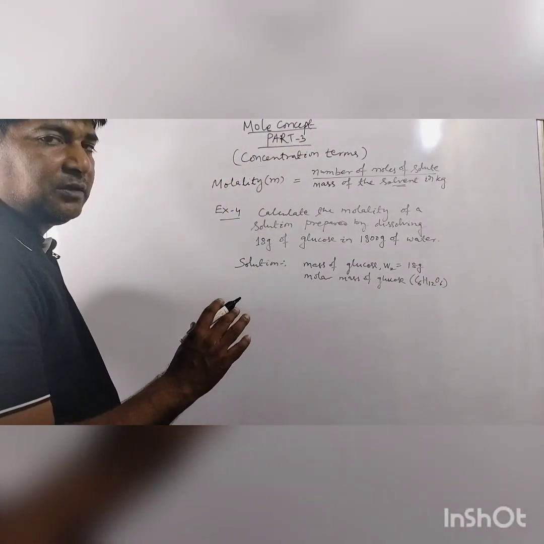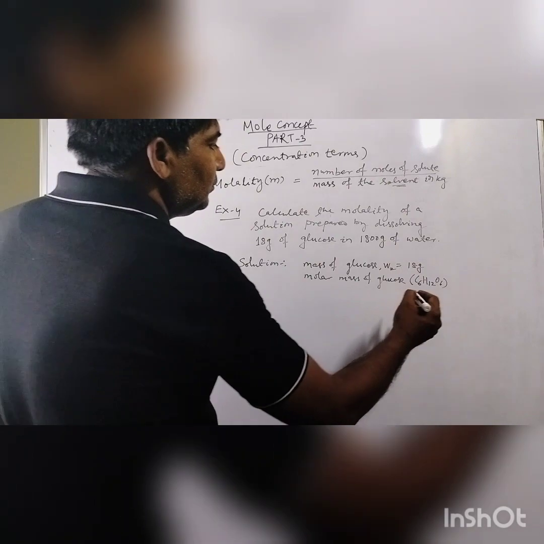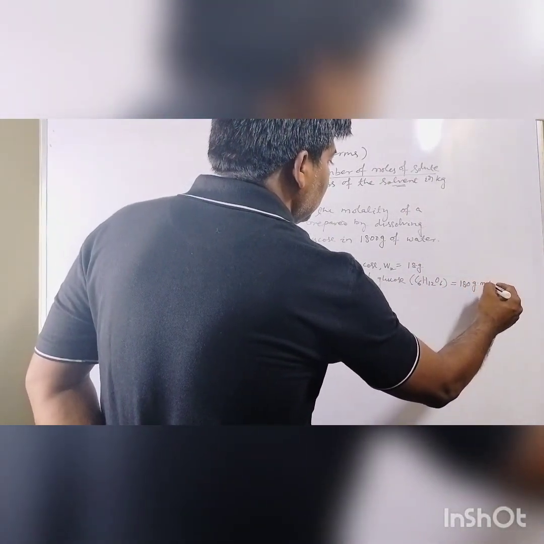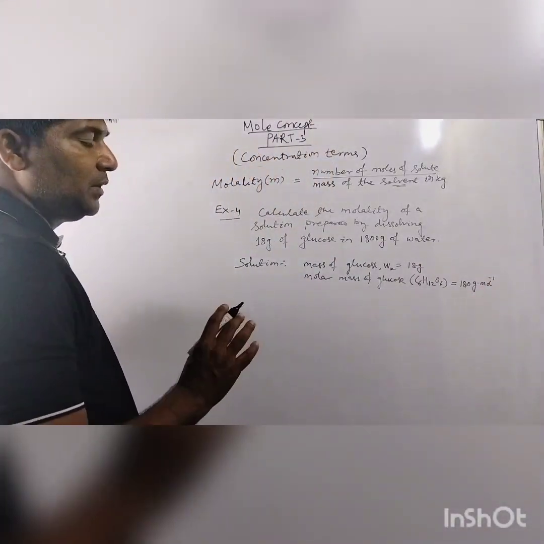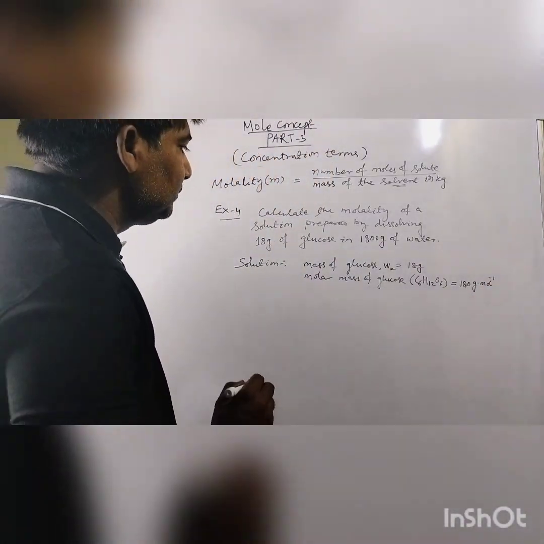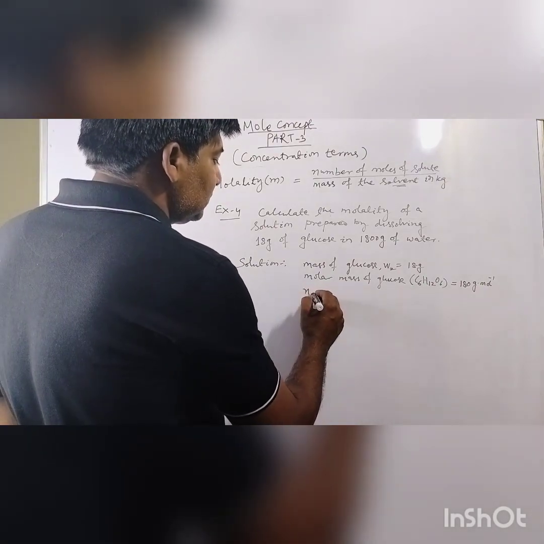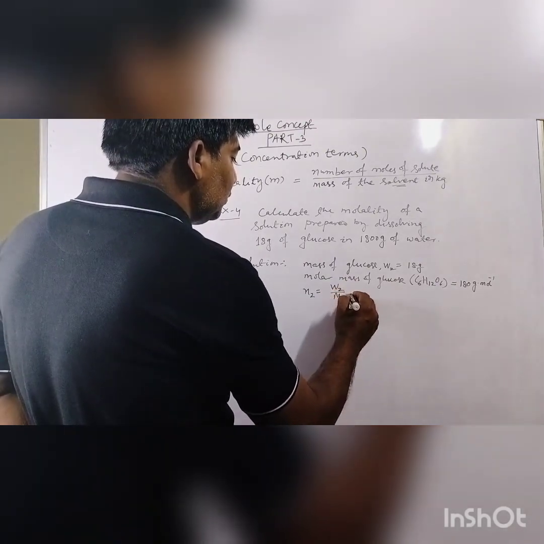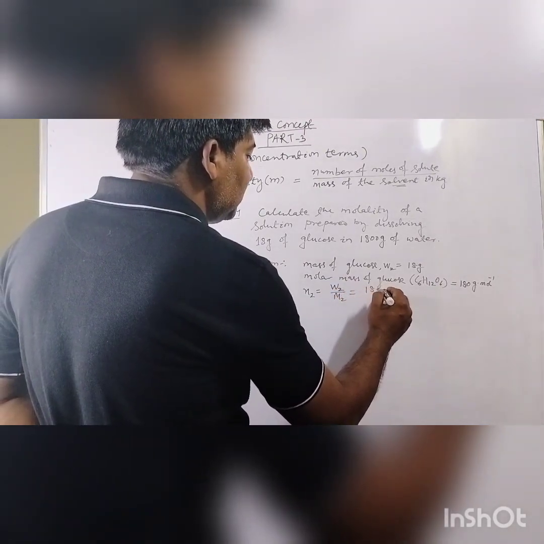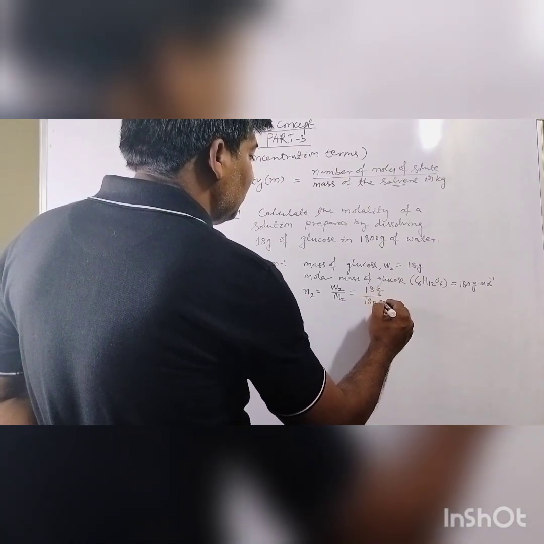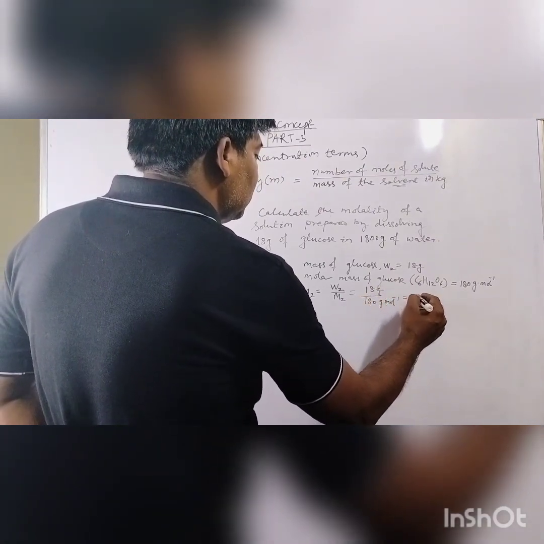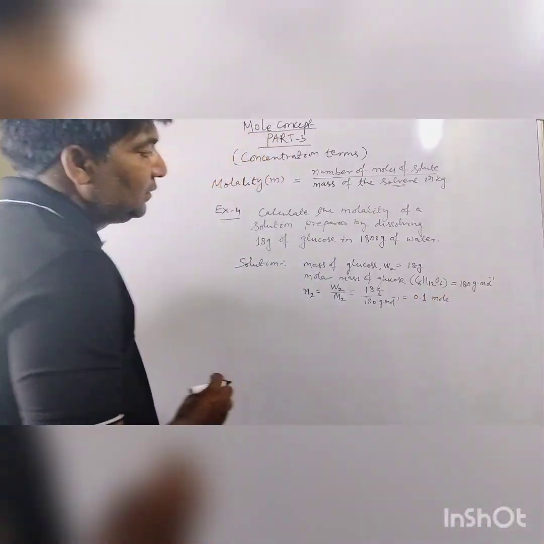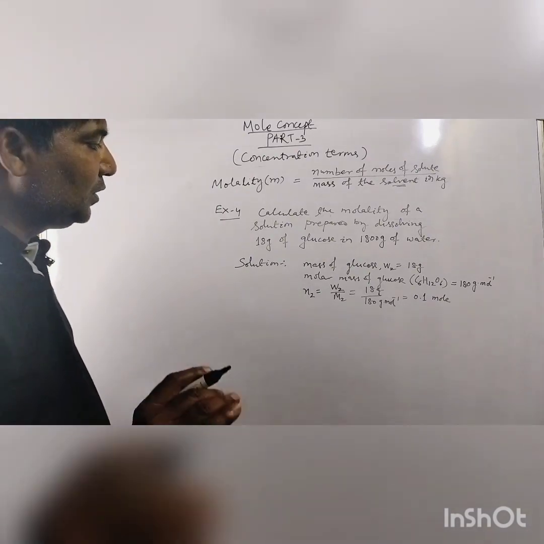If you add all the atomic masses, that gives you 180 gram per mole. Okay, molar mass is always mentioned in gram per mole. So number of moles of solute N2 is equal to W2 by M2, that is 18 gram divided by 180 gram per mole, that is 0.1 mole. Okay, so number of moles of solute is 0.1 mole.